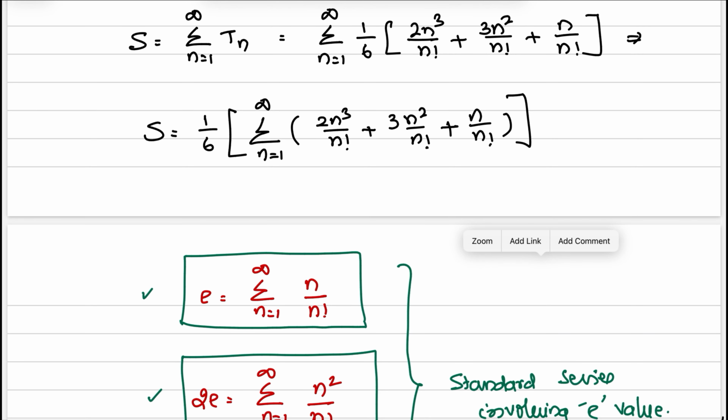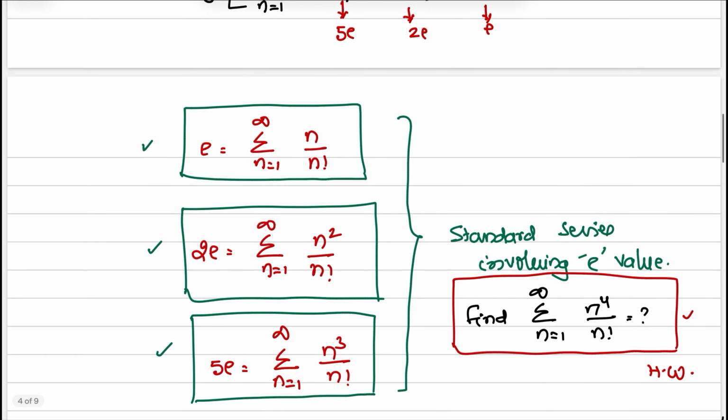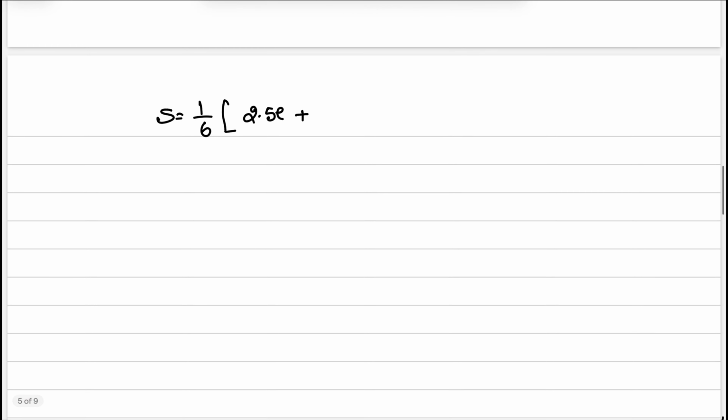Now, we have the values in terms of E. This value is E. This value is 2E, and this value is 5E. That means the sum of the series is equal to 1 by 6 into 2 into 5E plus 3 into 2E plus 1 into 1E.